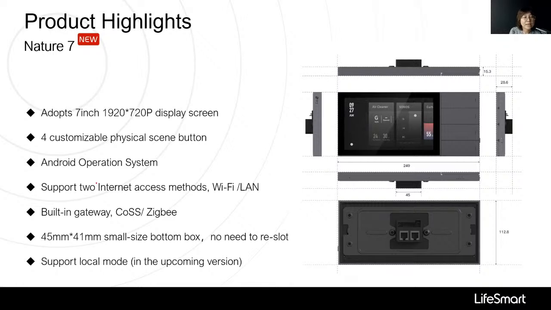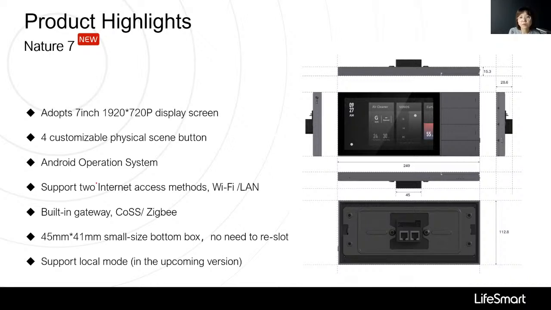Highlights of Natural 7. It adopts a 7-inch display screen, 4 physical screen buttons to switch the screen, an Android operating system, and supports 2 internet access methods, connect Wi-Fi or use an RJ45. Built-in gateway.